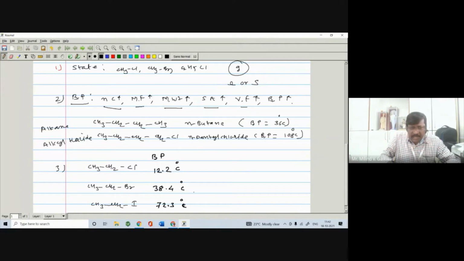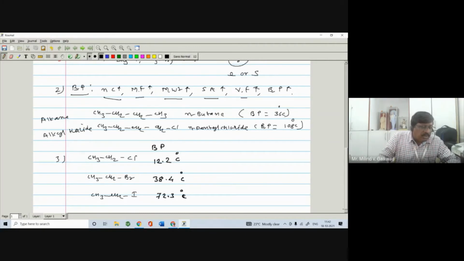So you'll see that as we change the halogen from chlorine to bromine, and bromine to iodine, the molecular weight of the halogen increases. As the molecular weight increases, the surface area also increases. That's why the boiling point also increases. So you have to compare the corresponding molecular weight. The more the molecular weight, the higher the boiling point.